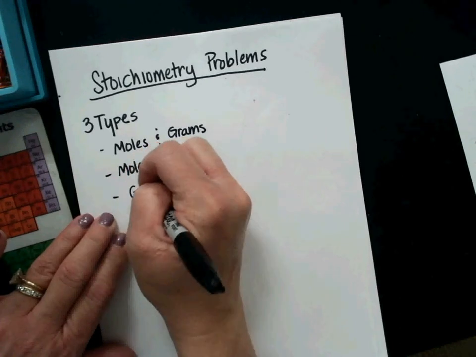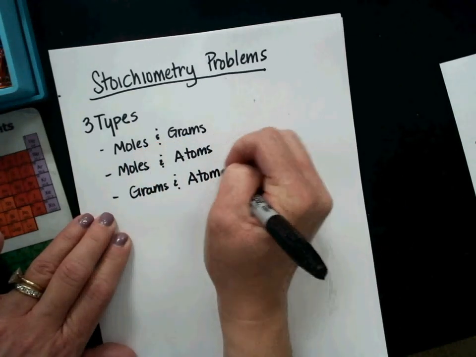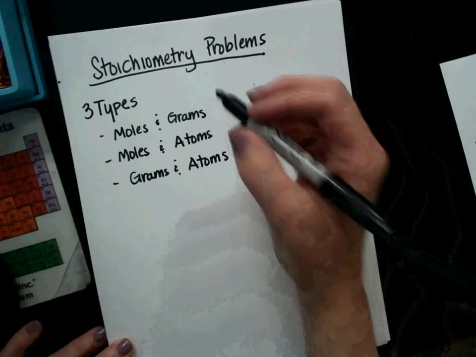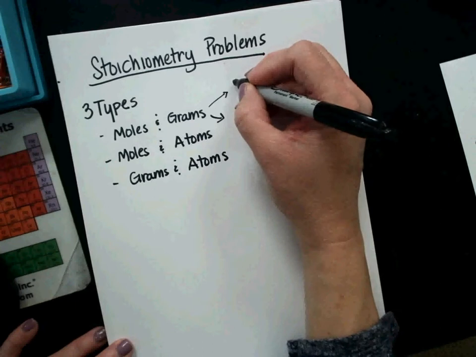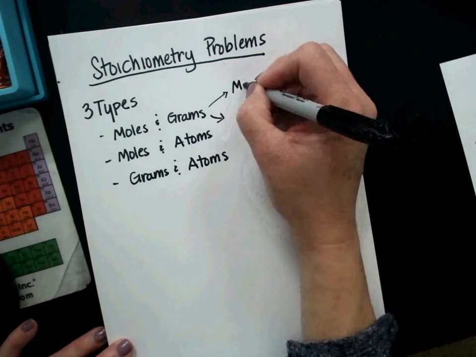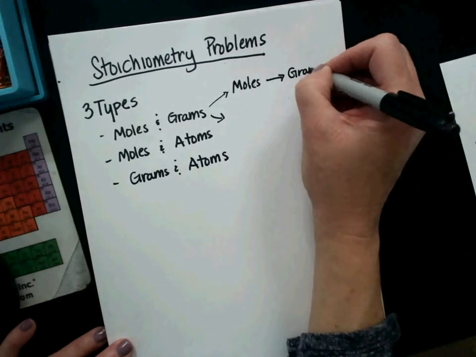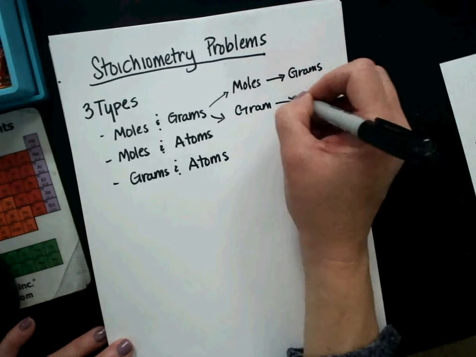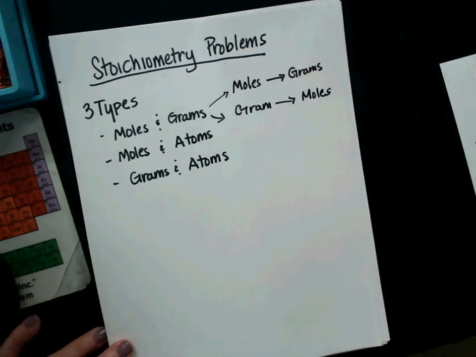And the third type includes, we'll say, grams and atoms. So when I have moles and grams, the problem is either going to ask you to go from moles to grams or from grams to moles. So that can look two different ways.